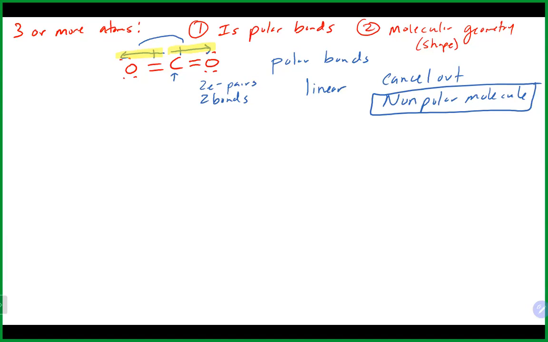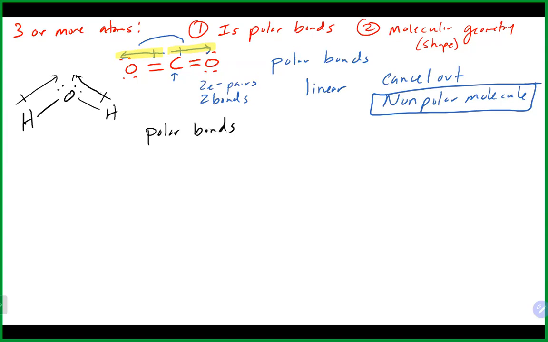Now, if we took something like water, which looks something like this, we also know that water has polar bonds, with the oxygen being more electronegative. So we could draw those bond dipoles heading towards the oxygen. So our water does have polar bonds.